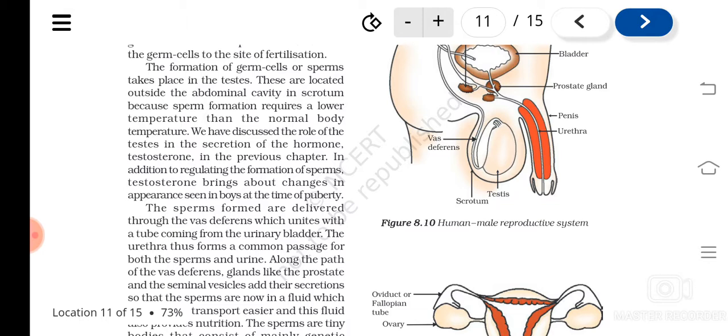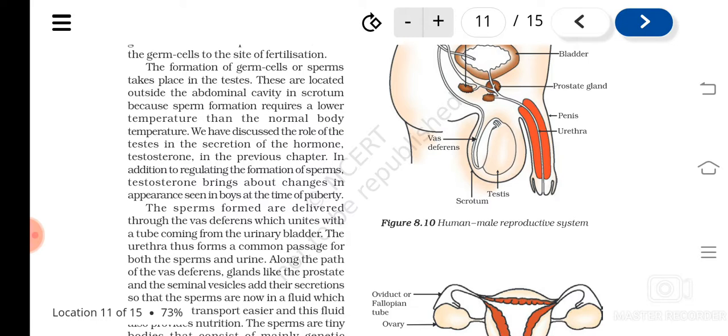Then I told you, in addition to the production of sperms, the testis does one more function. What is it? It produces testosterone, isn't it? And many changes that happen in a boy during adolescence are due to the production of testosterone from the testis.